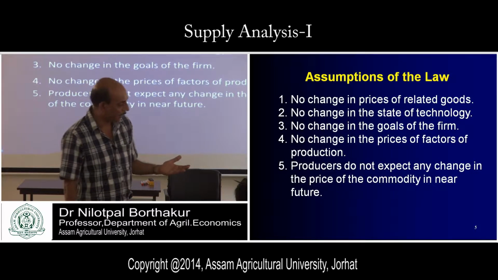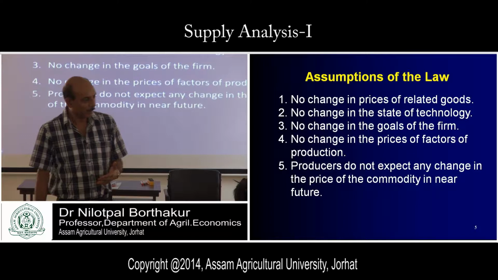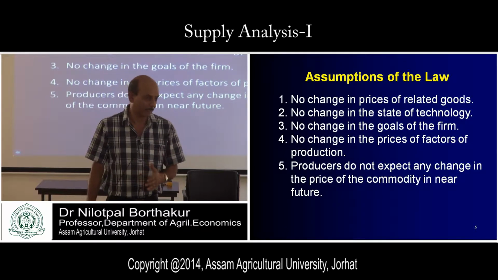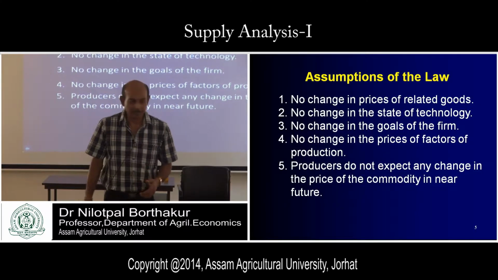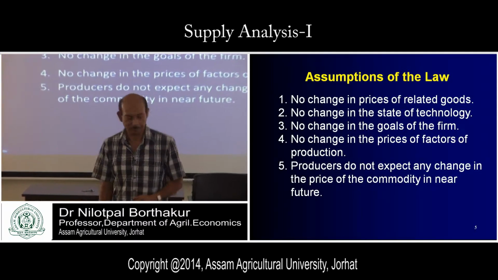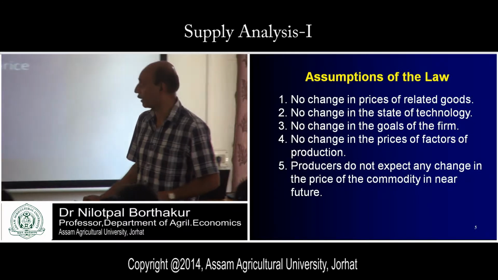Related goods may be substitutes or complements, and the price of substitutes and complements also affect the supply. So there should not be any change in the prices of substitutes as well as complements. This is one assumption we make for the law of supply.